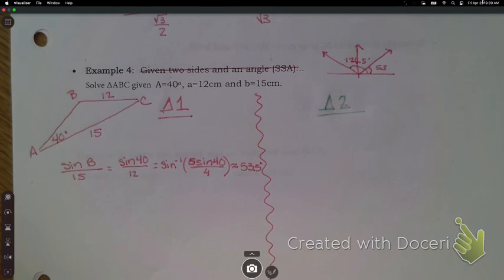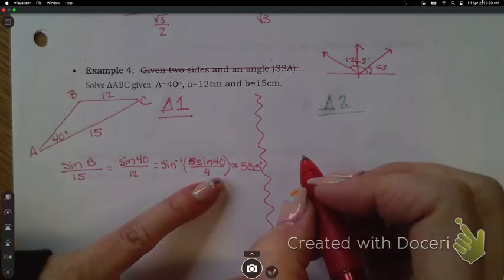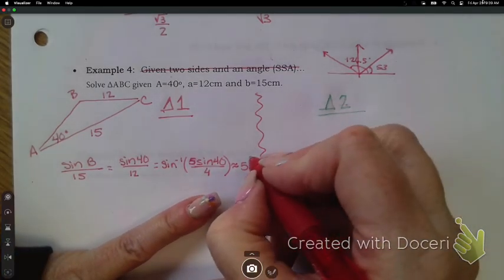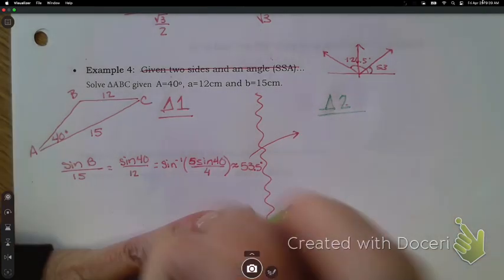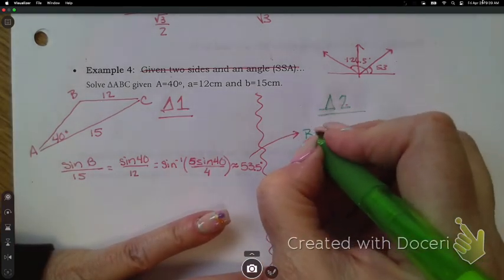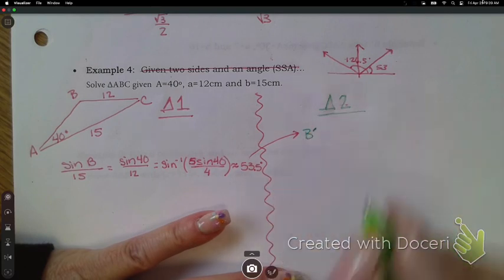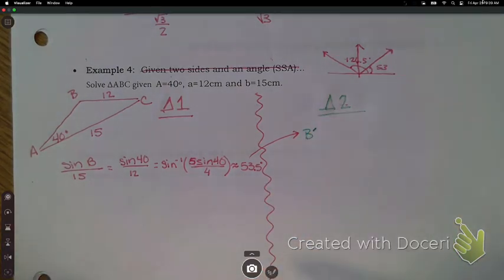So we don't really know which one it is, do we? So what we do from right here at this step, we go over here. And we take, we're going to call it B prime, because that's for the second triangle.